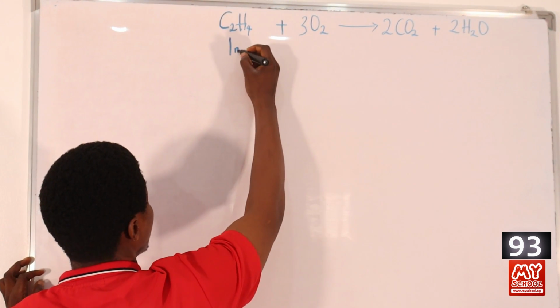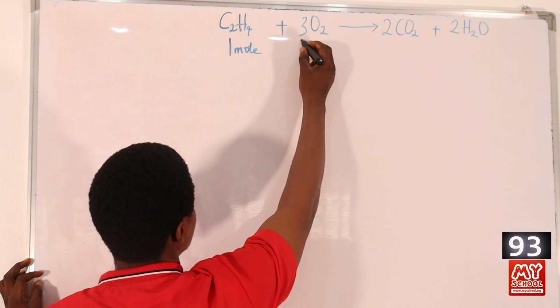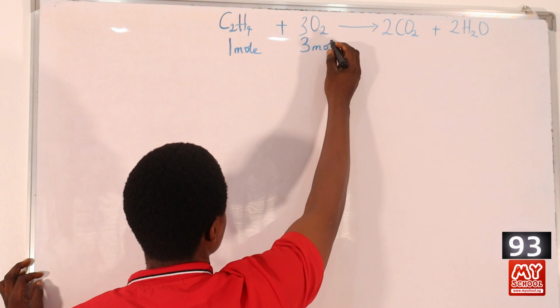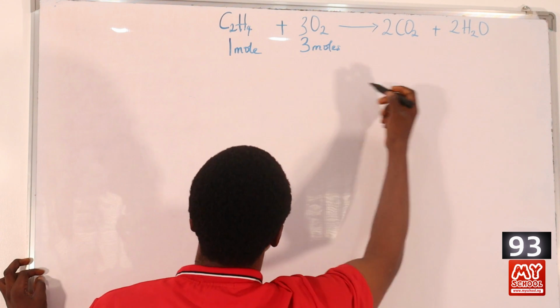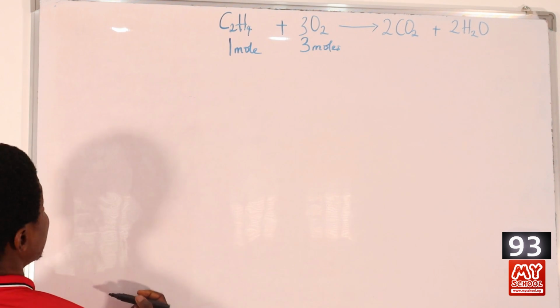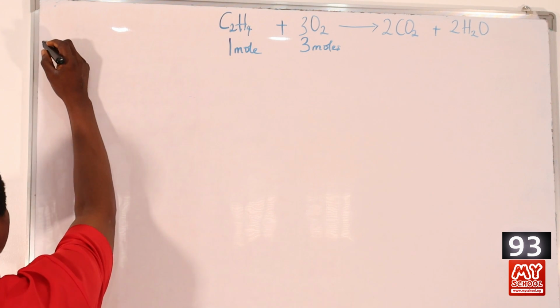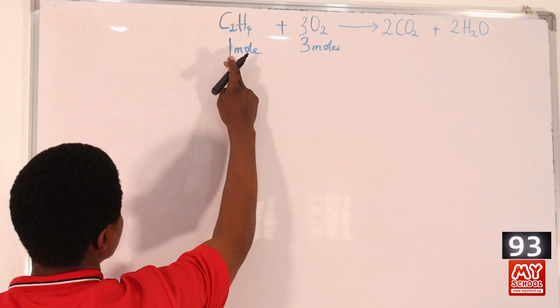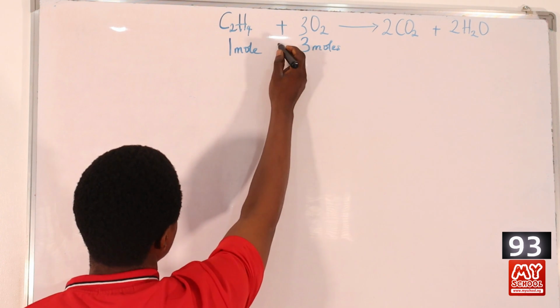So this is 1 mole, and then 3 moles, to produce 2 and 2. Since this is the combustion reaction between ethane and oxygen, the mole ratio is 1:3.